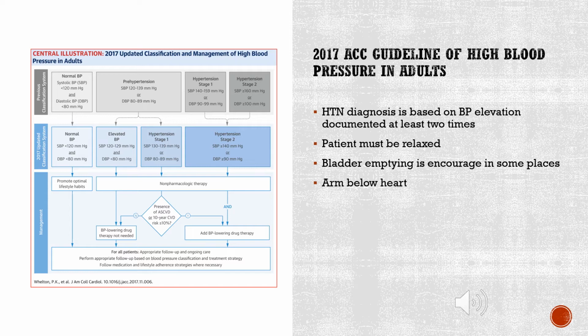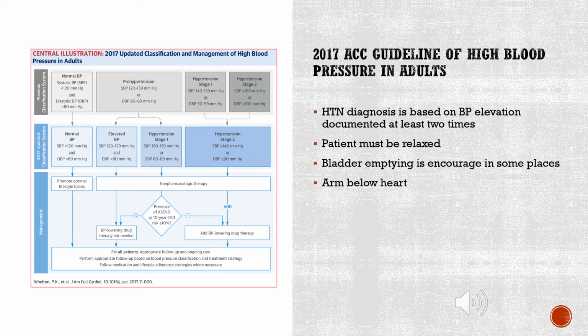Depending on where the patient falls and whether the patient has had cardiovascular disease, the treatment would be based on that. And it would either include non-pharmaceutical or pharmaceutical treatment or both.